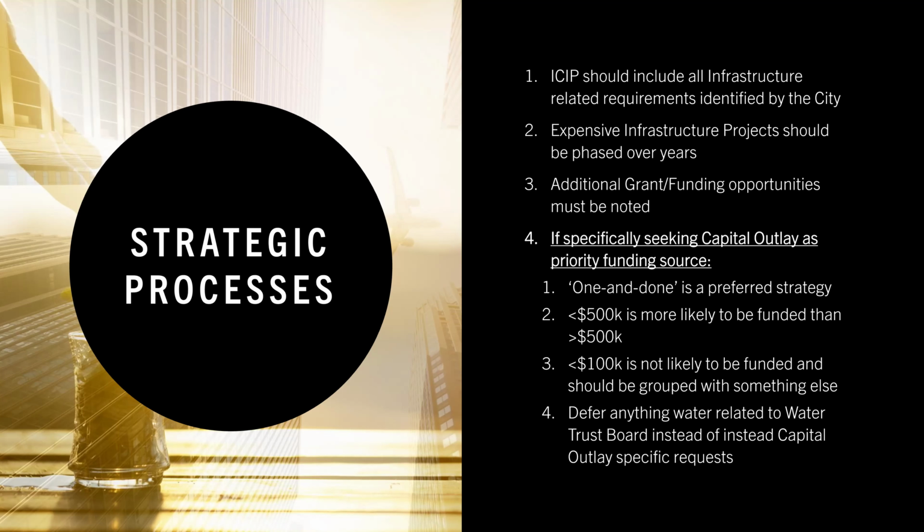But very expensive projects, we need to break down into more manageable chunks that are more easily defendable when we move forward and ask to fund these types of projects.